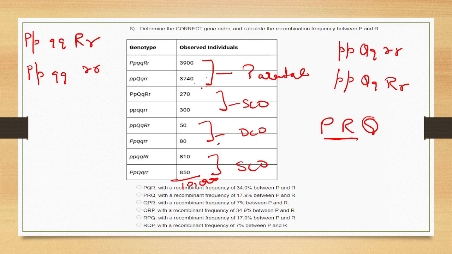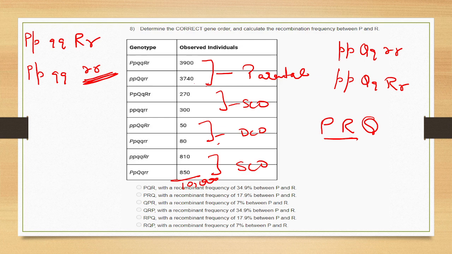Okay. So first is to identify the different classes, and second is to compare your parental class with your double crossover classes. So here you see, this is the parental one, PPQQRR, and when I compared it with the double crossover class, I observed that the crossover has happened at the R gene.